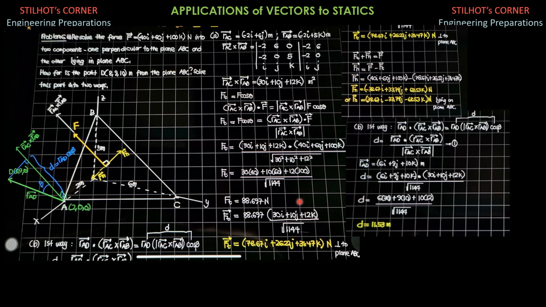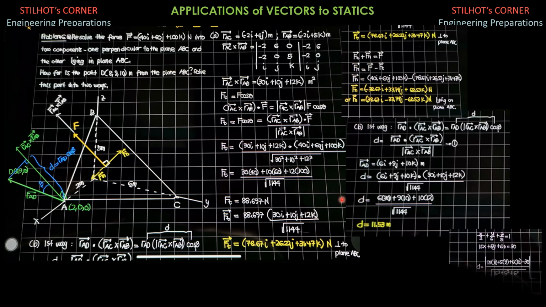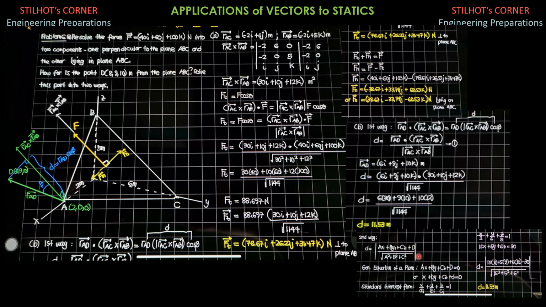So let's have the equation of the plane. The general equation of a plane is Ax plus By plus Cz plus D equals 0. And that is patterned from the general equation of a line, which is Ax plus By plus C equals 0.